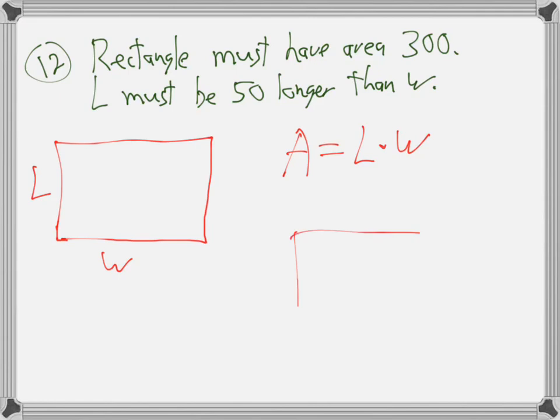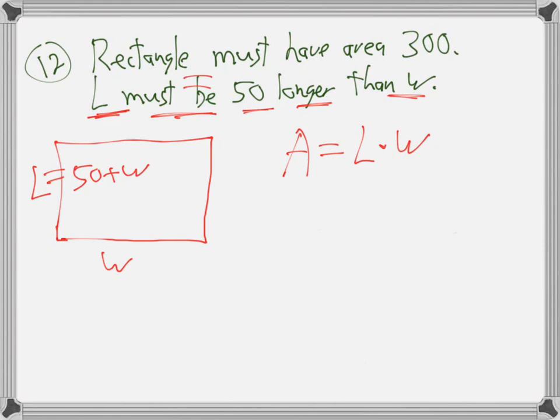Like if somebody gives you a rectangle and says, hey, it's 4 by 2. You know there's 8 squares inside there, right? If it's a 2 by 4 rectangle, you just multiply one side by the other, you get 8 squares inside, right? Okay, so area formula is length times width. Great. And it says that the L must be 50 longer than W. L is 50 added to W, isn't it?